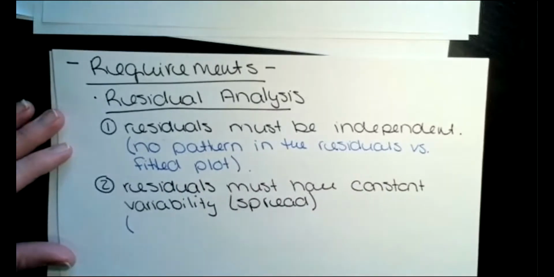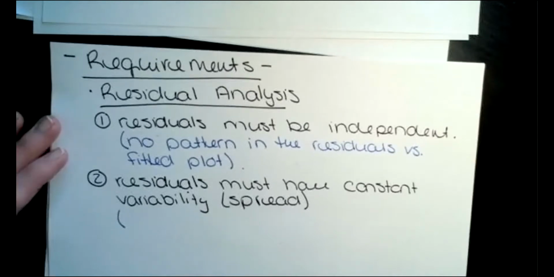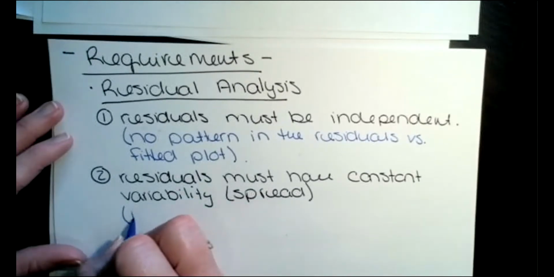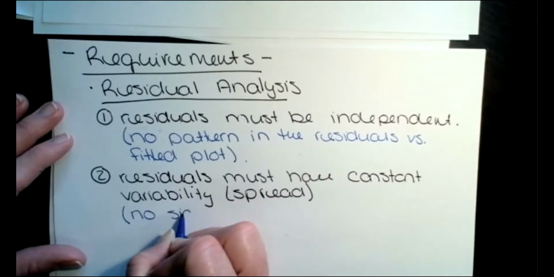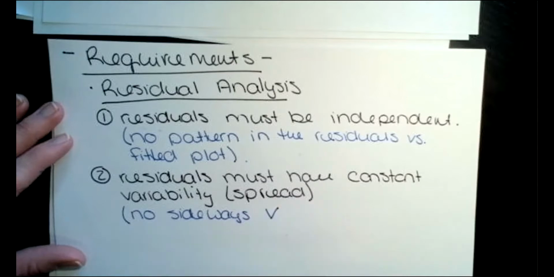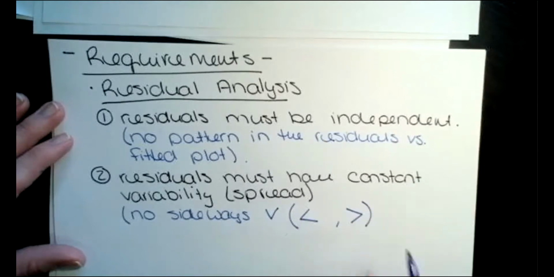So it's the same graph, and we don't want to see a sideways V, okay? So we want them pretty spread out. I'm just going to put no sideways V. What we don't want to see is something like this or like this in the plot.